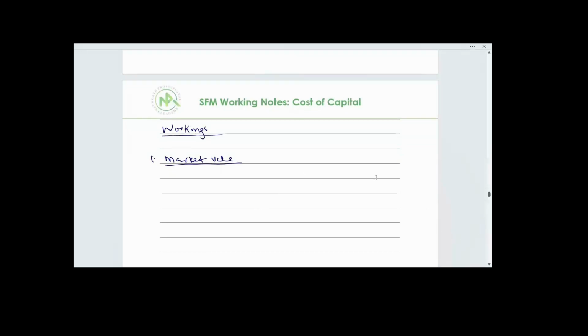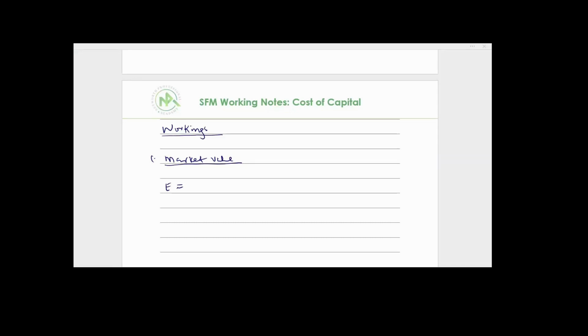So according to this question, we want to calculate market value of equity. Let's go back to the balance sheet. In the balance sheet of this company, we are only given ordinary shares. We are not given number of shares, so we are given share capital: 4 million for Mississippi, 9 million for Limpopo, 3.5 million for Zambezi, then 5.3 million for Nile.